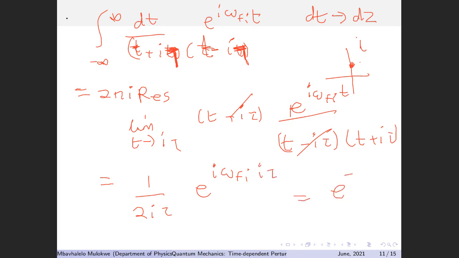So this gives you e to the minus tau over, and then there's 2 pi i. The 2's cancel, the i's cancel, so you're just left with e to the tau over tau. This is the final result, and you just plug it into your expression.